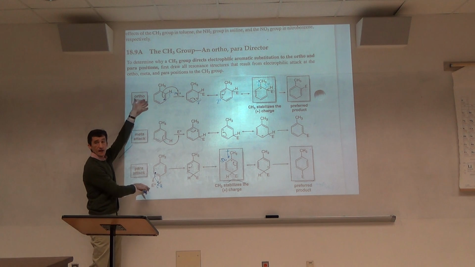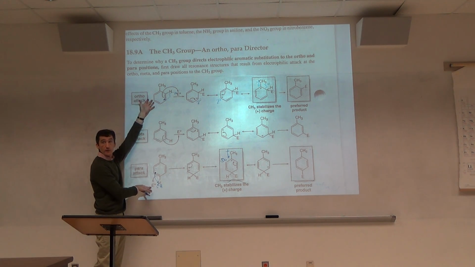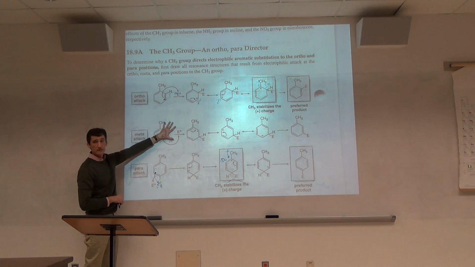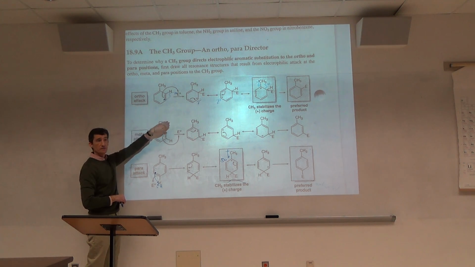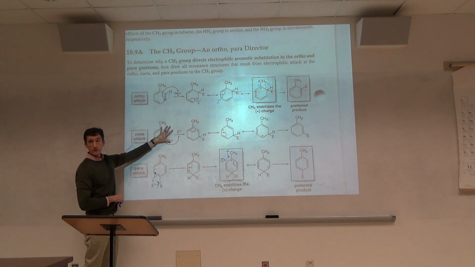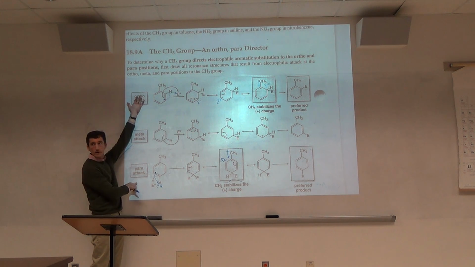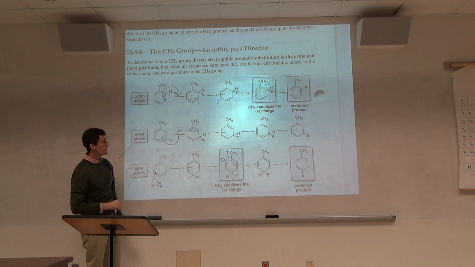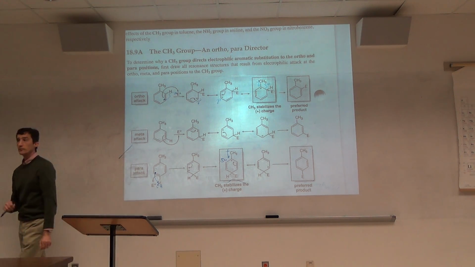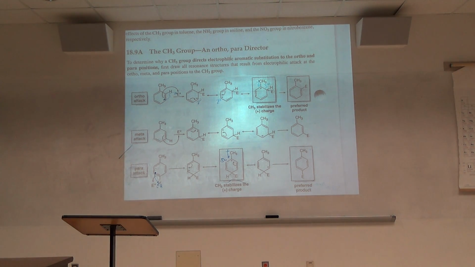It's not going to be stabilized like these other two pathways were. Because it's not stabilized, it's higher energy, the activation state leading to it is higher, so you're going to get less of this pathway formed. Which two pathways are favored? Ortho and para. Okay? Does this make sense of why ortho para is favored by the methyl being there?